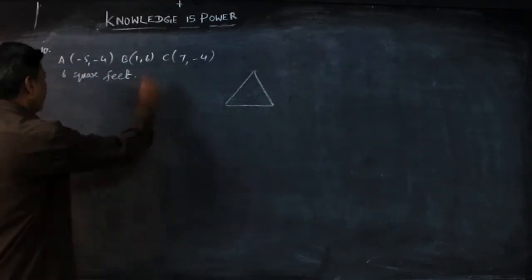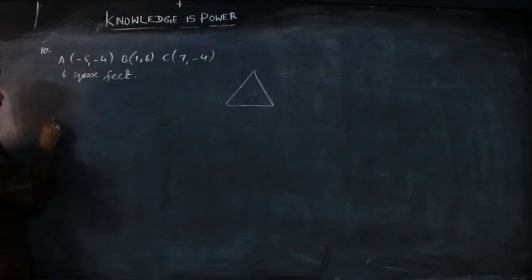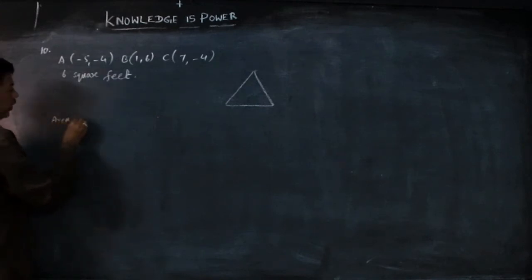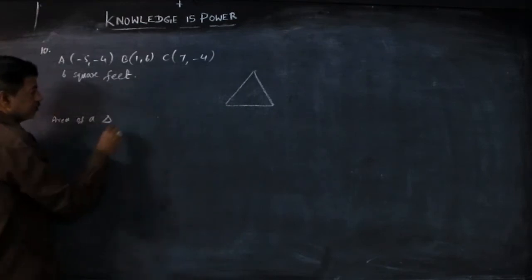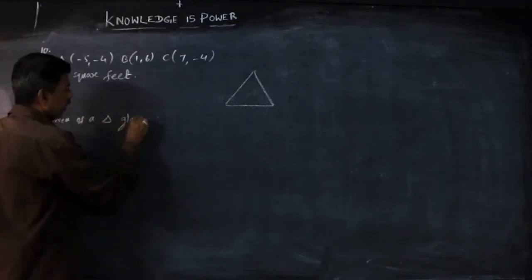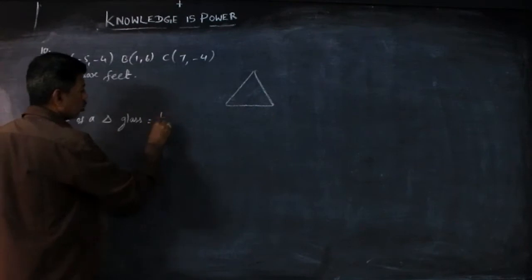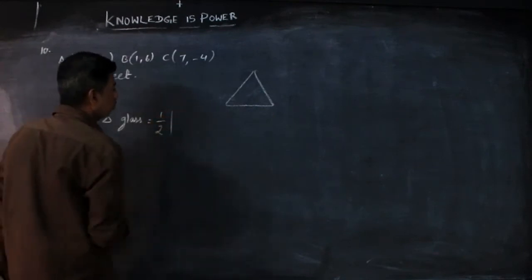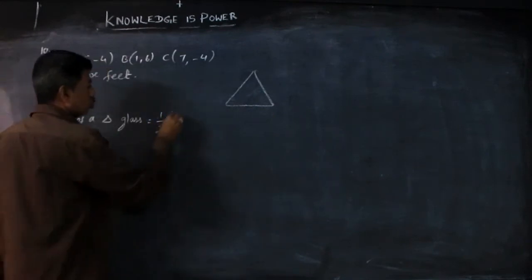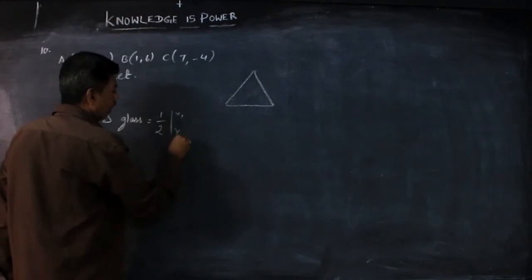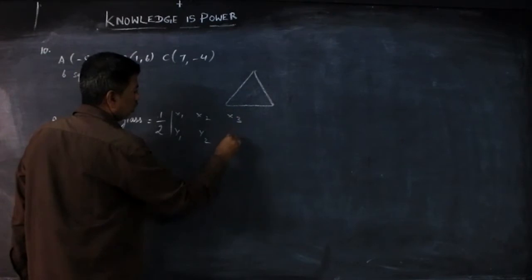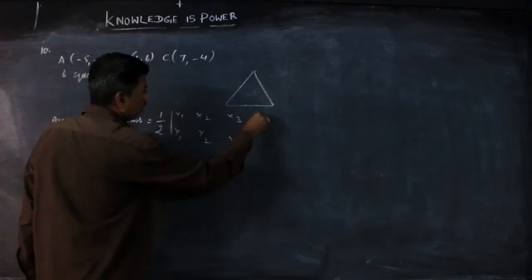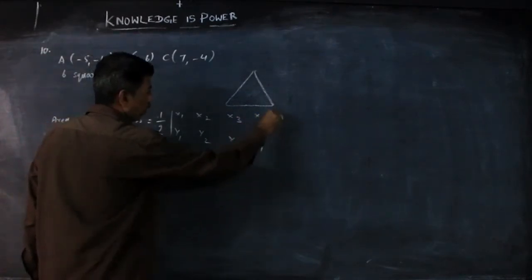So first you have to find out the area of a triangular glass. Area of a triangular glass, as usual, half into, and the formula is x1 y1, x2 y2, x3 y3, again x1 y1.